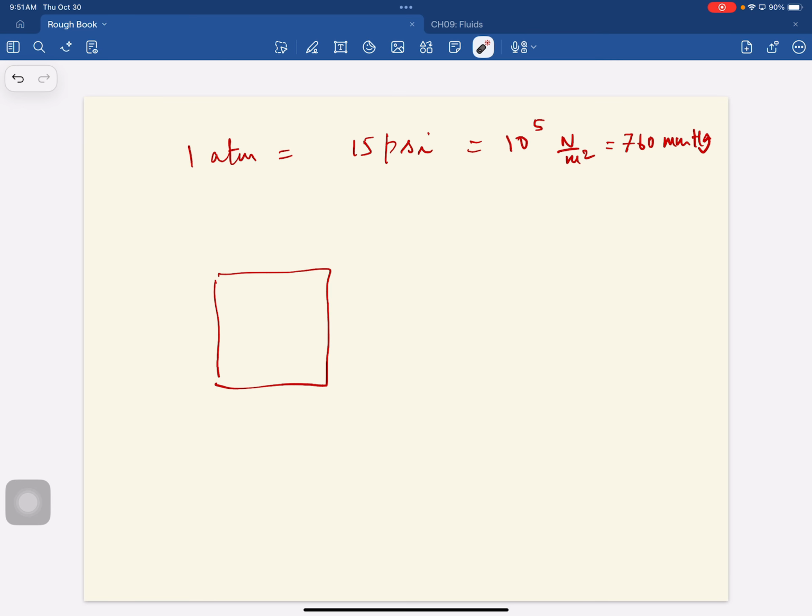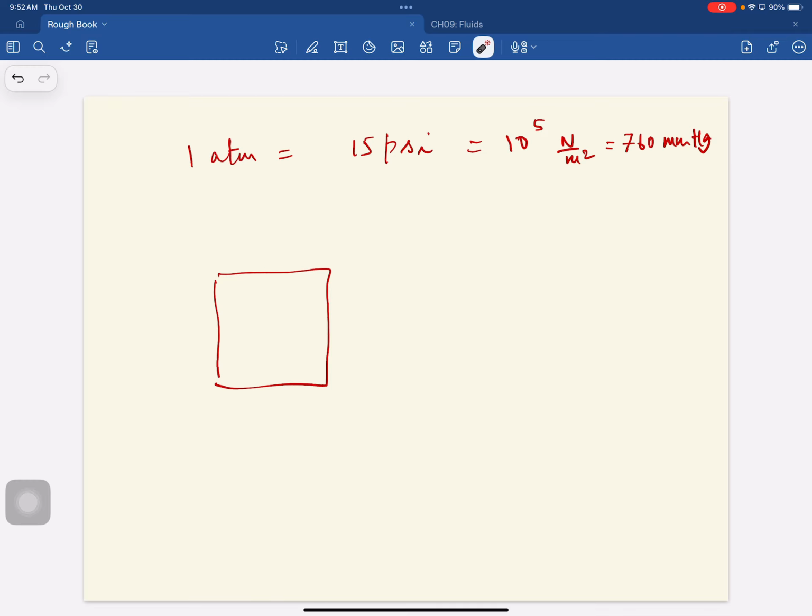That's 100 square inches. So 100 times 15 is 1,500 pounds. Which is wild, because if you put a 15-pound dumbbell down on any part of your body, you're really going to feel it. There's a force of 1,500 pounds on this paper.